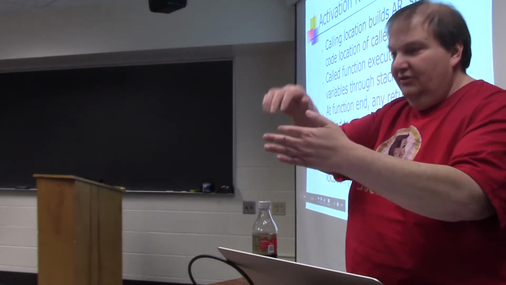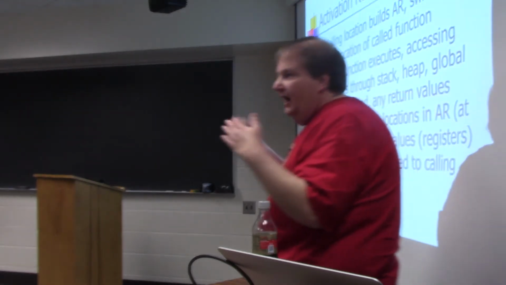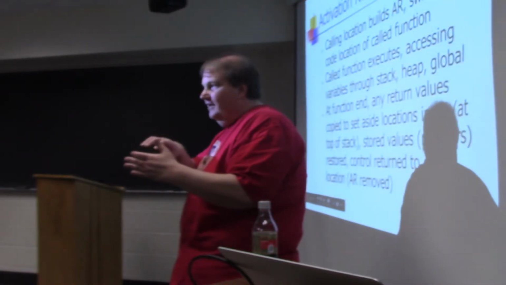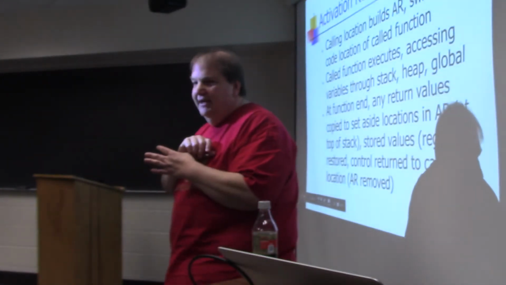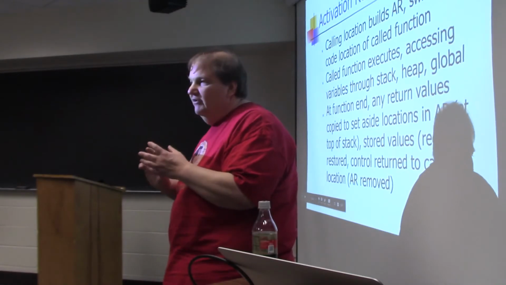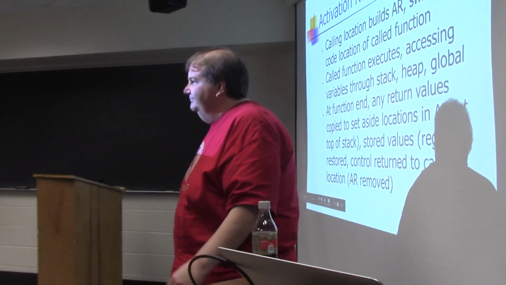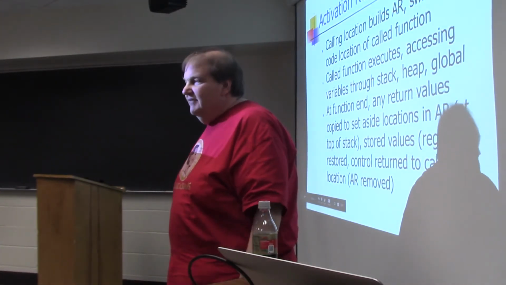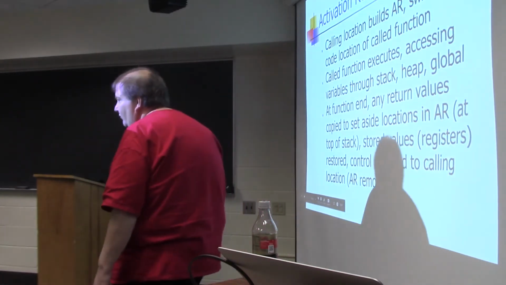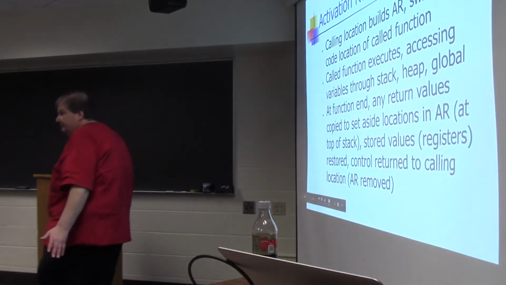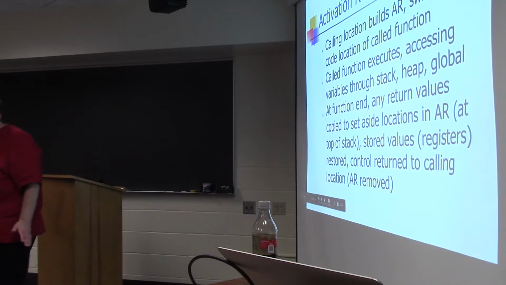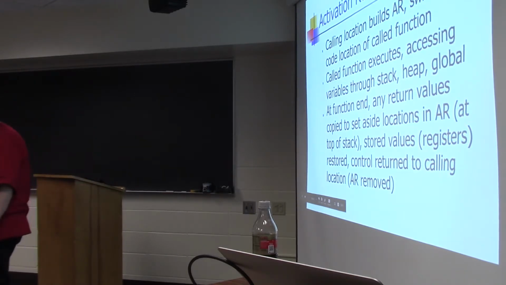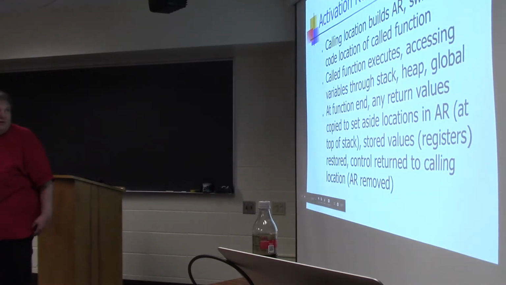That location knows that on top of the stack, past the current activation record, should be the return value. Grab that return value and start working with it. So it's a logical concept, but it's one that makes so much of what we do possible. It's a key part of the whole execution process.